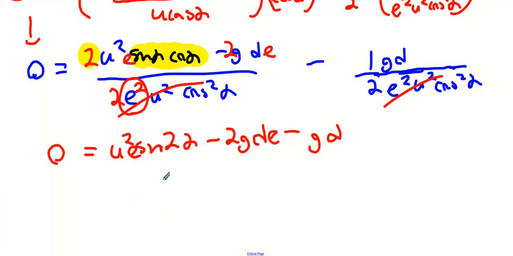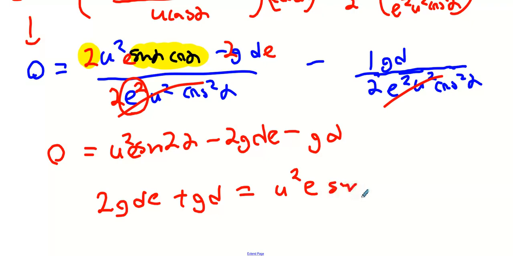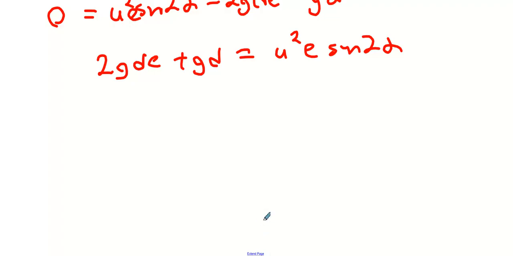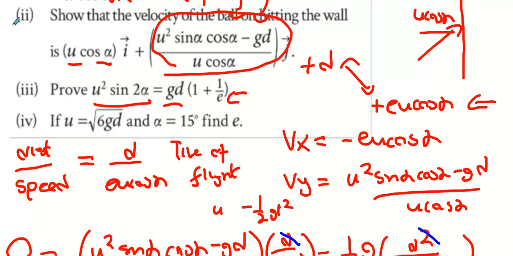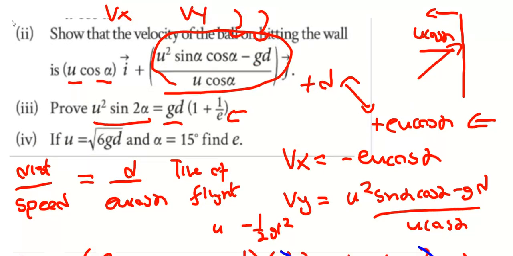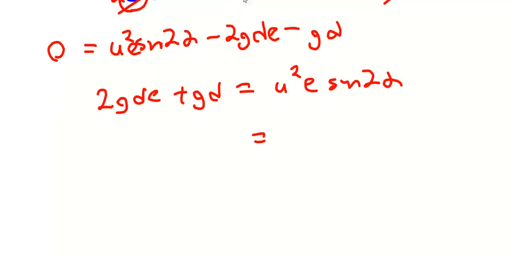Okay, I'm going to move everything. I'm going to move that to the left. So it's going to be 2g dE minus gd equals what? Plus gd u squared e sine 2a. Now what? What do you think? What does it want on its own again? It wants u squared sine 2 alpha on its own. So I have to divide both sides by e.